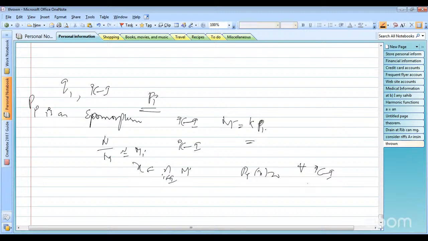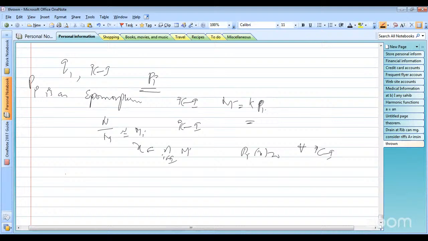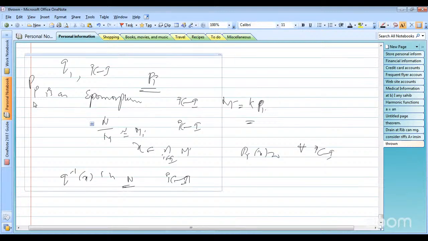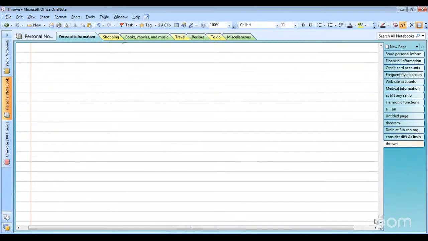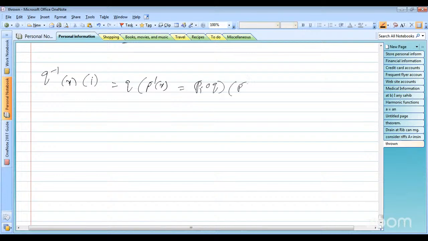So consider the element q inverse of x in N, for i belongs to I. Now we are writing this fundamental formula: pi of q inverse of x, that is pi circle q inverse.